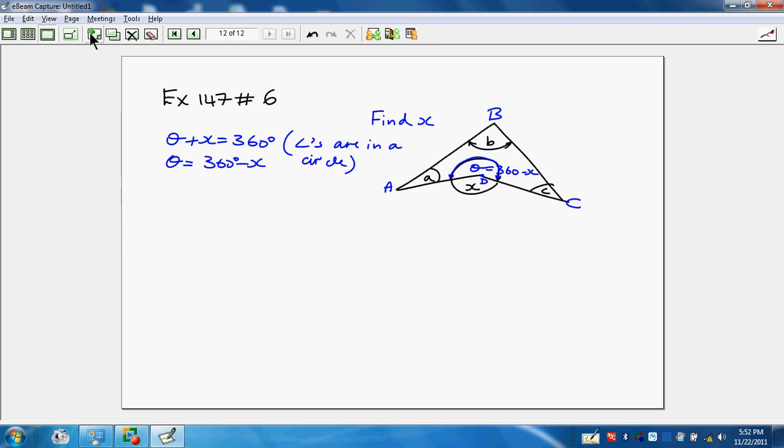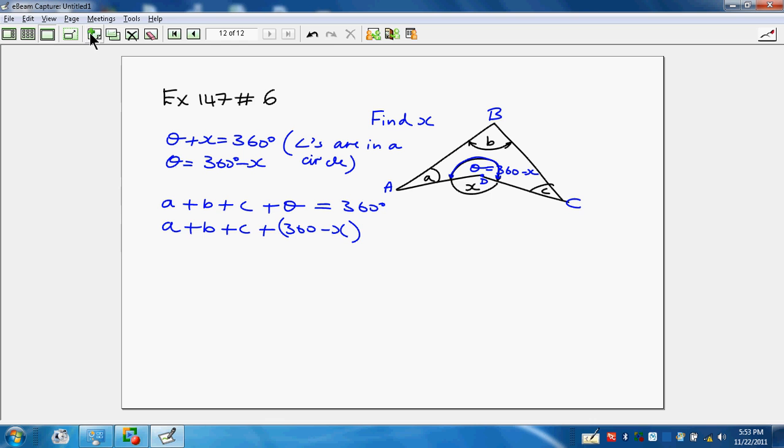So we could say that angle A plus angle B plus angle C plus angle theta must be equal to 360 degrees, because the sum of the internal angles of a quadrilateral must be equal to 360 degrees. So A plus B plus C plus 360 minus x, because remember we worked out that theta is 360 minus x.